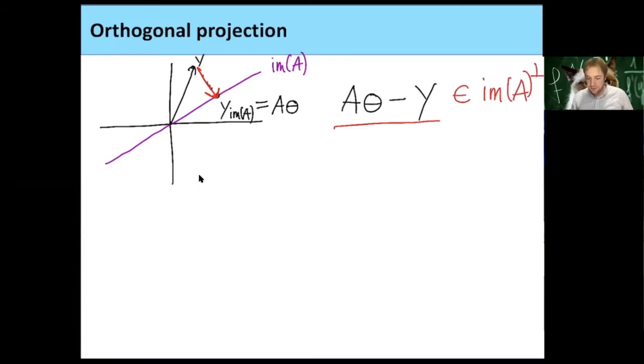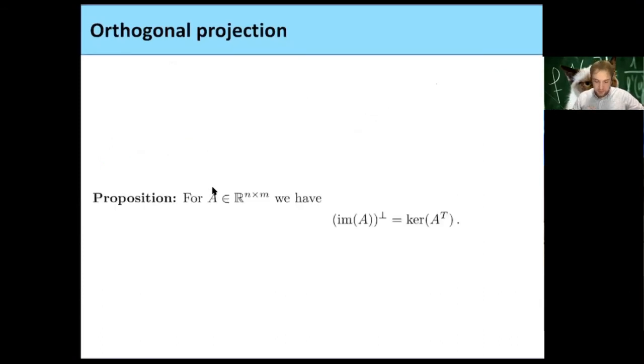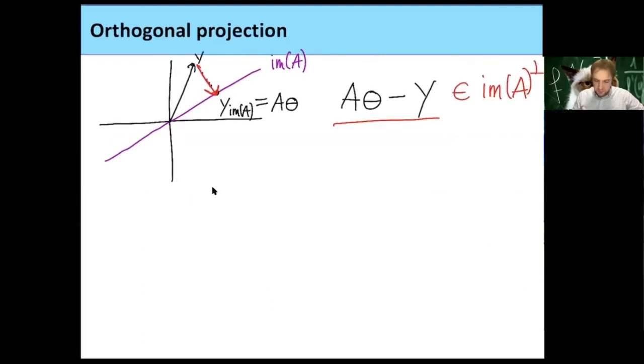Yeah. So now our problem is, given A and Y, we want to find a theta such that A theta minus Y is in the orthogonal complement of the image of our matrix A. So we want to know how the orthogonal complement of our image of A looks like. And there's a quite simple description, namely, maybe I can copy this.